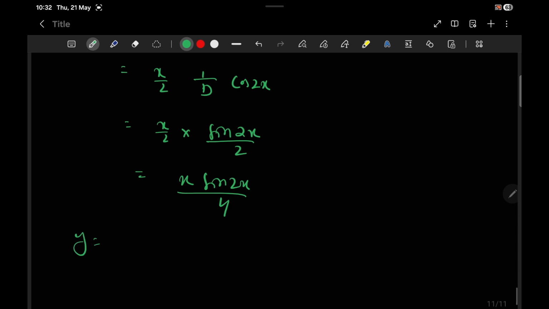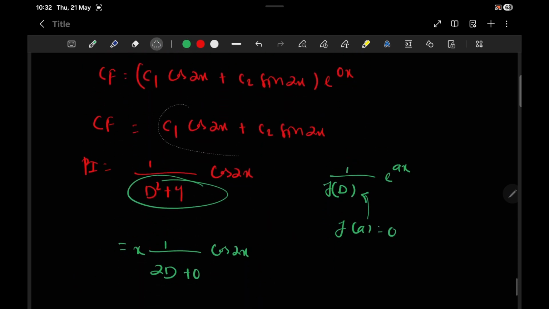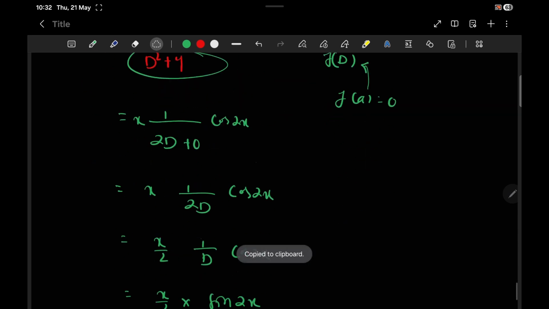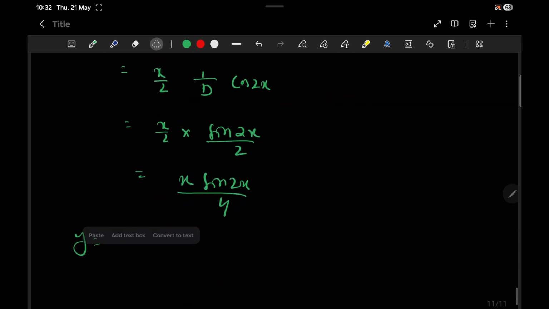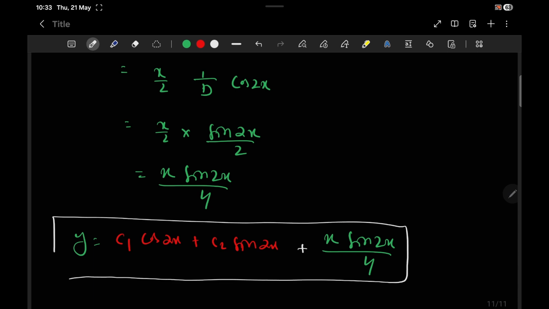So our complete solution is this complementary function plus this particular integral. So this is our final answer by using rule 3.